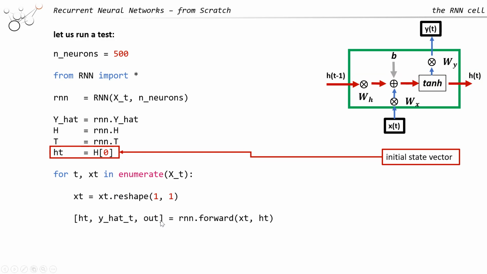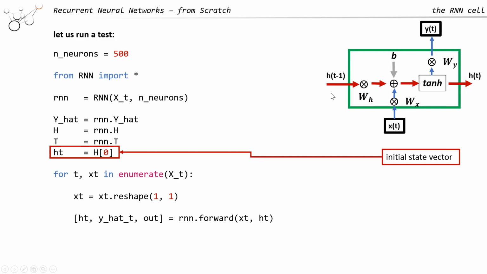And then we calculate the prediction for y and the next ht. And we use the next ht as an input for the next forward. So that's why the variable name here is the same on purpose, because we want to feed an h from the previous time point into our cell and propagate it to the next.